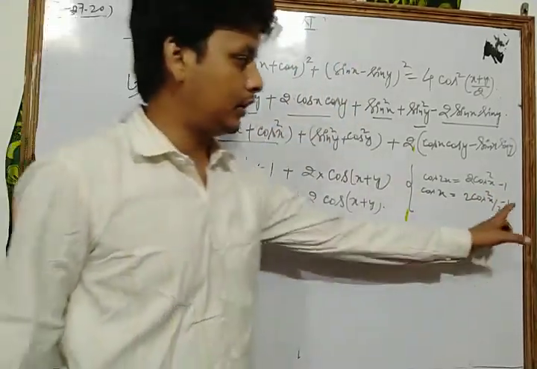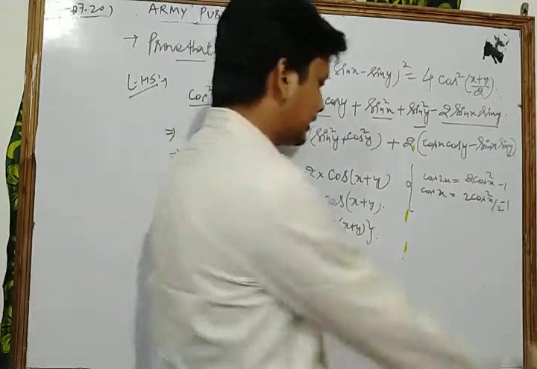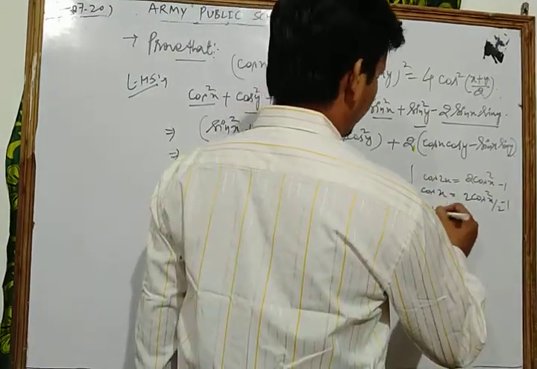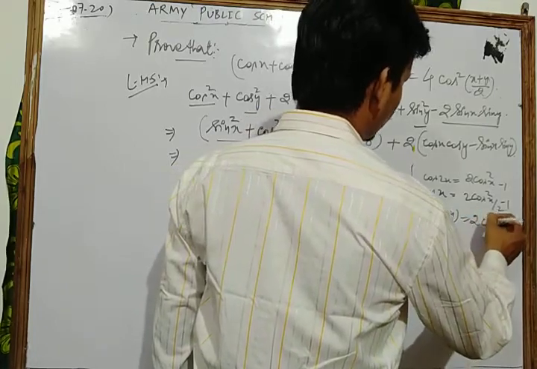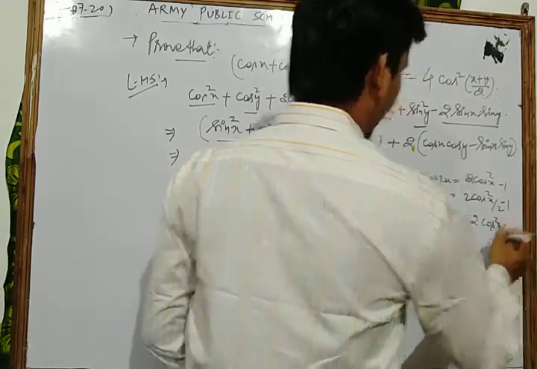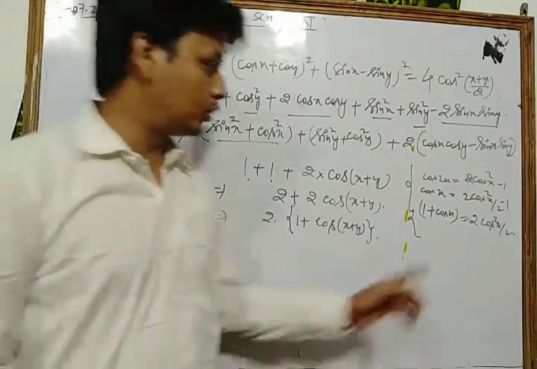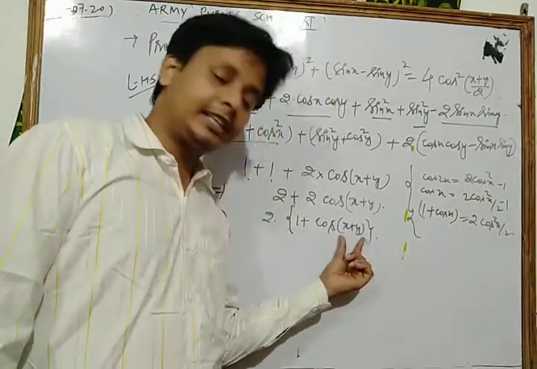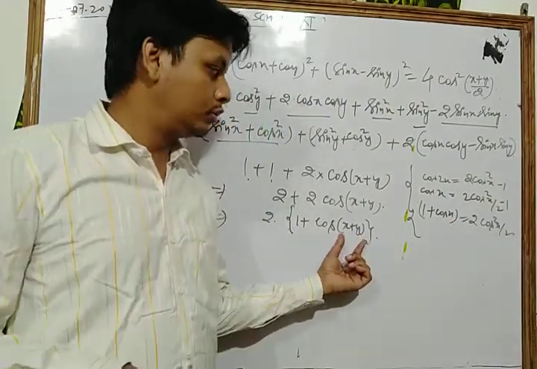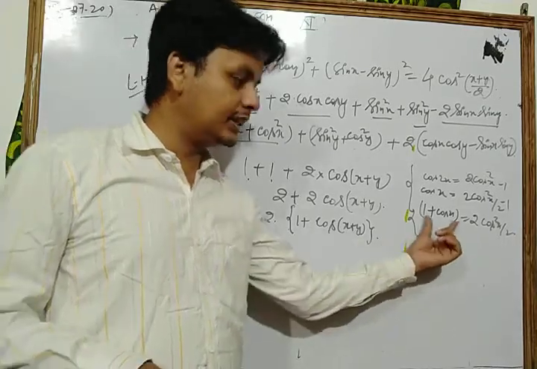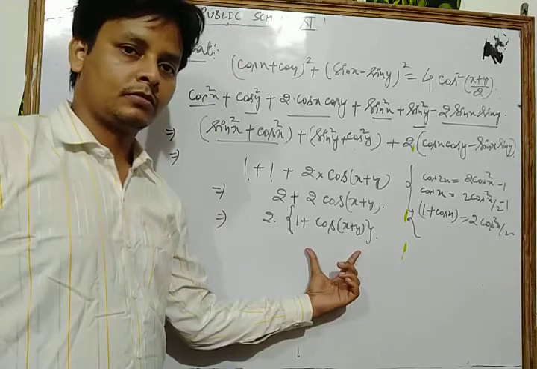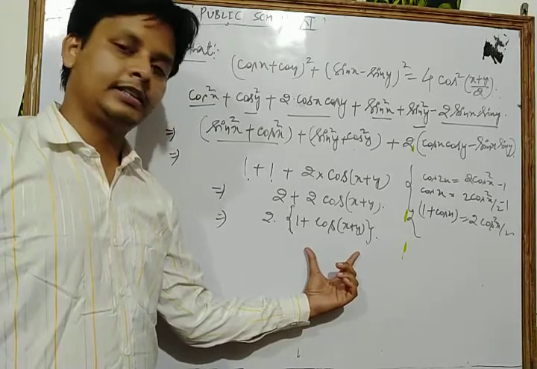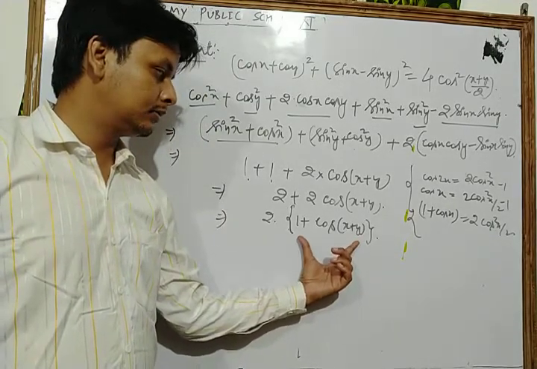If we transfer 1 to that side, we get 1 plus cos x is equal to 2 cos square x by 2. So here x is x plus y, so we use this formula in this question.